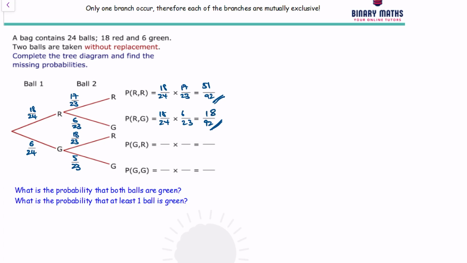The probability of green-red is 6 over 24 times 18 over 23, which gives me 18 out of 92. And the probability of green-green is 6 over 24 times 5 over 23, which when simplified gives us 5 out of 92. Now you can see if you do 51 add 18 add 18 add 5, you do end up with 92 out of 92. All the probabilities add up to 1.